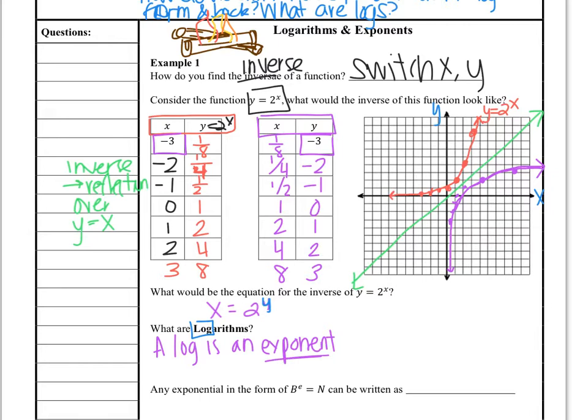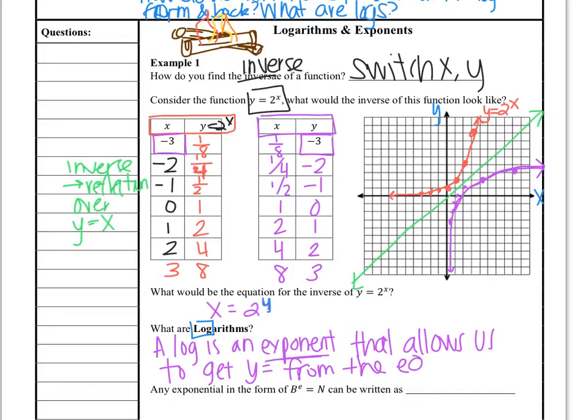That's all it is. A log is a special exponent that allows us to get y equals from the equation above.